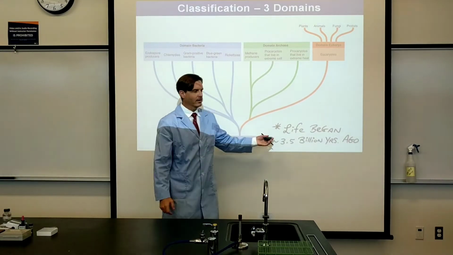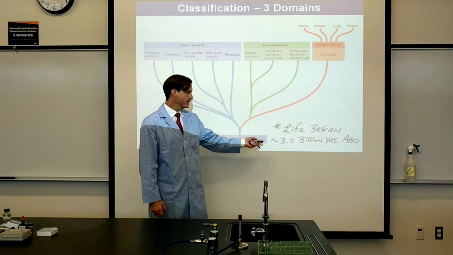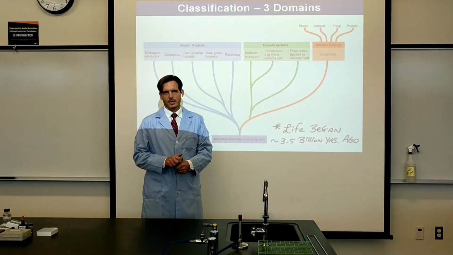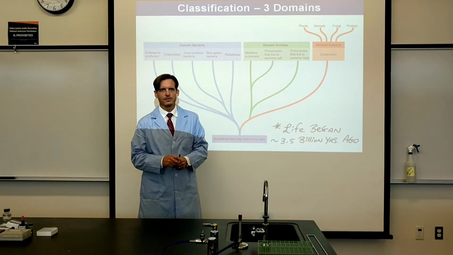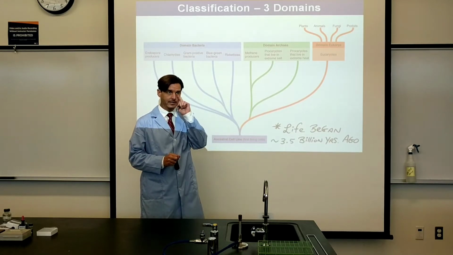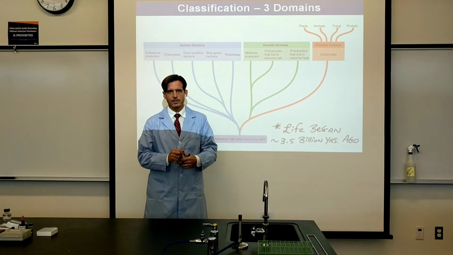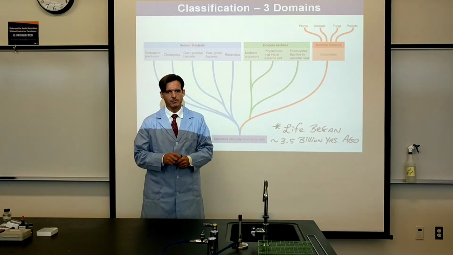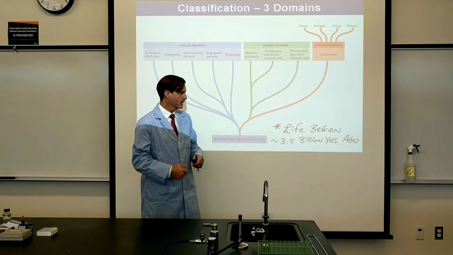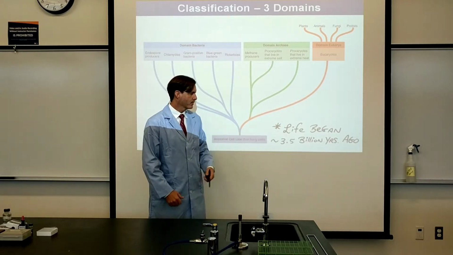I have read articles and publications that show that maybe life started even as late as 4.1 billion years ago. But I'm going to go with the numbers that we see in our textbook, the number that you hear most often by biologists. So we'll stick with that.